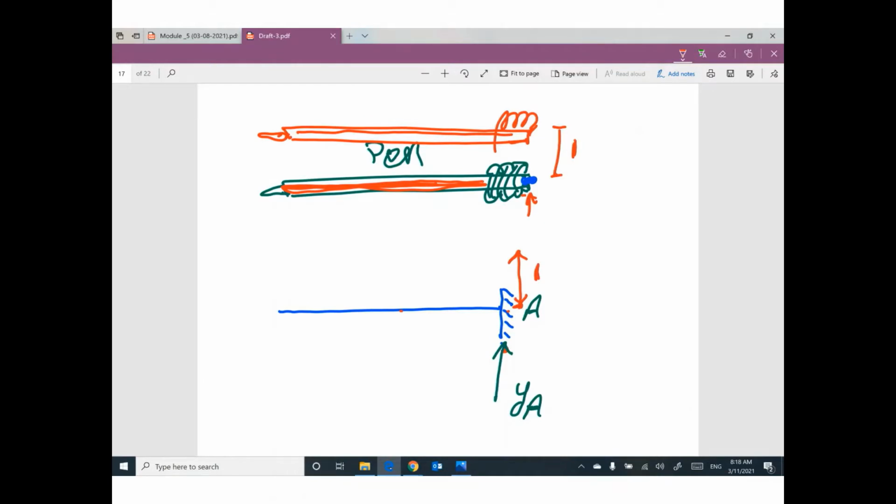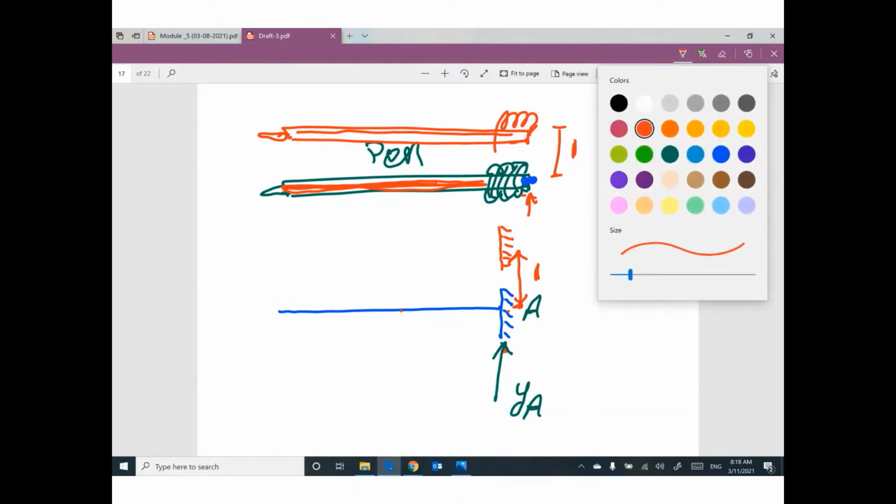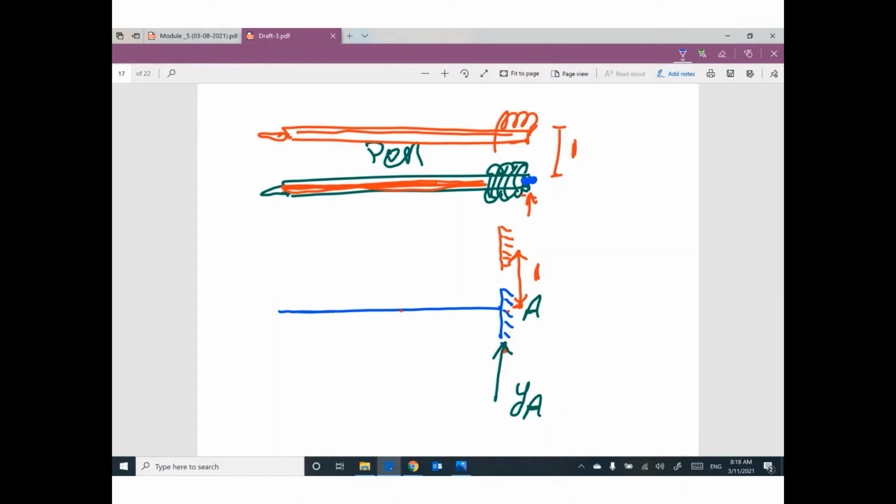So this fixed support moved up here. What do you expect about the rest of the beam? Because this beam is only supported by this fixed support, if you move it, the beam will move with the same value. So the new deformed shape will be the influence line for reaction YA.